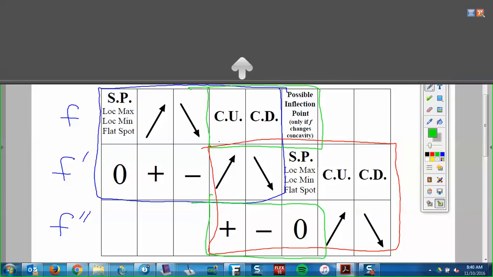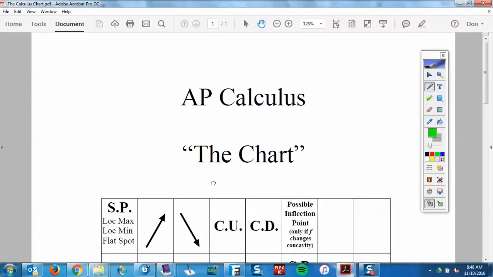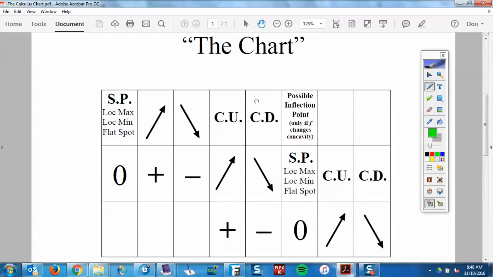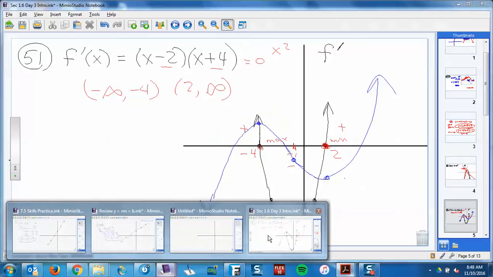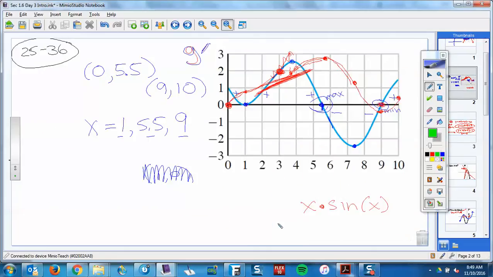Quick way to do this, we just had this graph right back here. Let's go right back to this graph right here. Let's pretend for a moment that this graph was G double prime. Okay, you with me?